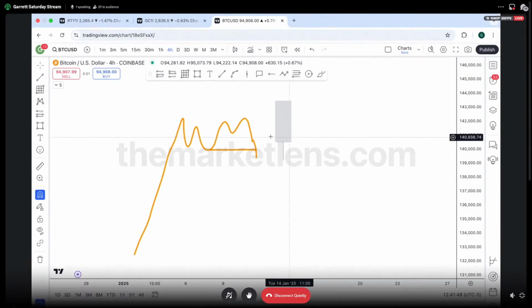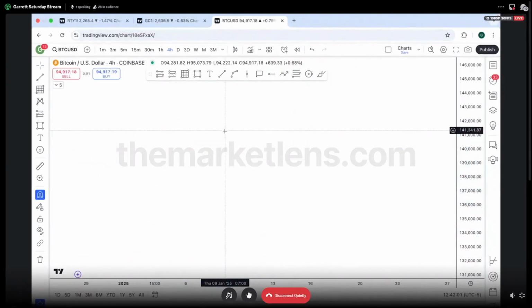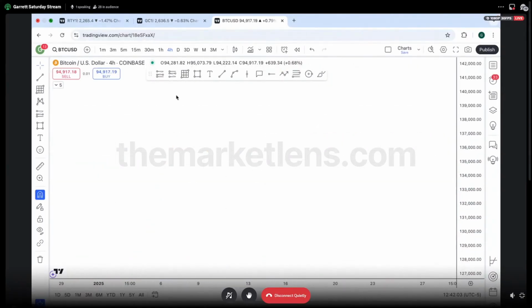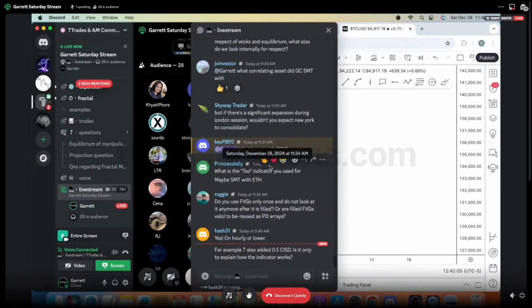Equilibrium of previous candle highs and lows is just a filter for what we want to trade. Respect of PD arrays and stuff, it's all filters. For example, T also added the 0.5 CSD. Yeah, this is stuff you want to see.